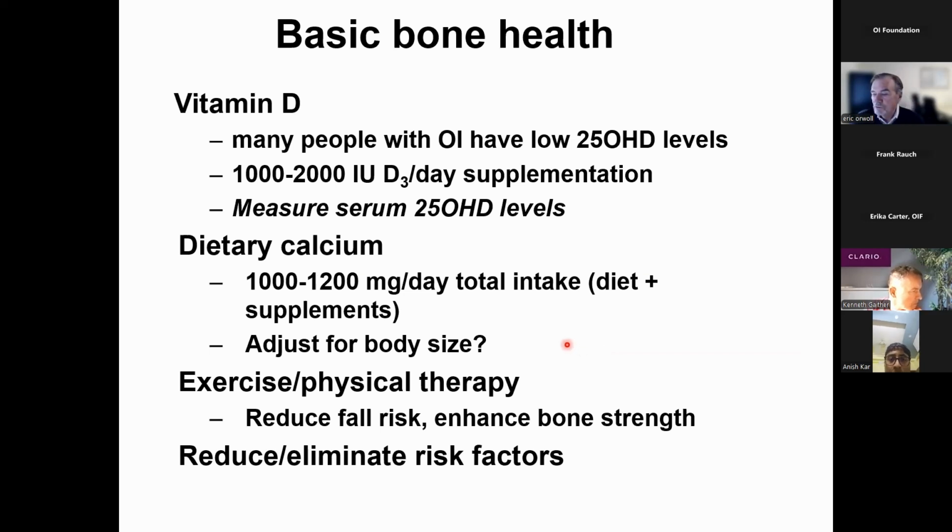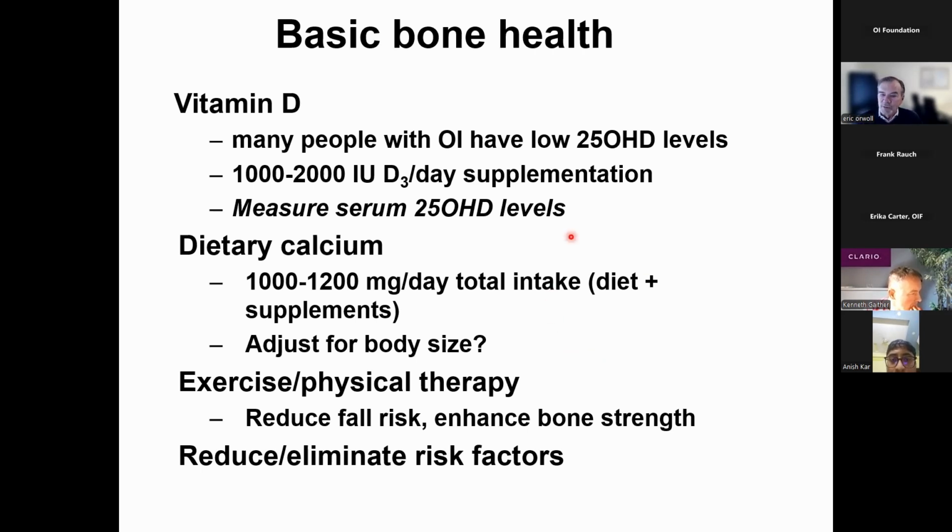First, of course, there are issues related to basic bone health: vitamin D, dietary calcium, exercise, and elimination of other risk factors. There's a variety of studies in people with OI to suggest that the rate of vitamin D deficiency is higher in people with OI than in the general population.